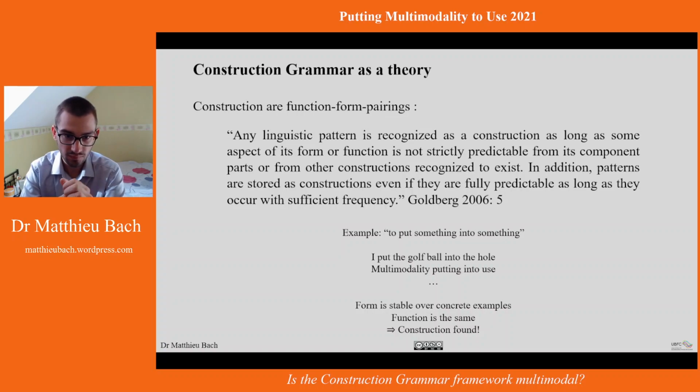And you have here two concrete examples, so constructs from the construction: I put the golf ball into the hole, and multimodality putting into use. So what we could say is that form is stable over concrete examples, and the function is the same. So we have found a construction. If we have a problem with frequency, if we have a problem with the stabilization of the form or the function, then it's not a construction, it might be a pattern.